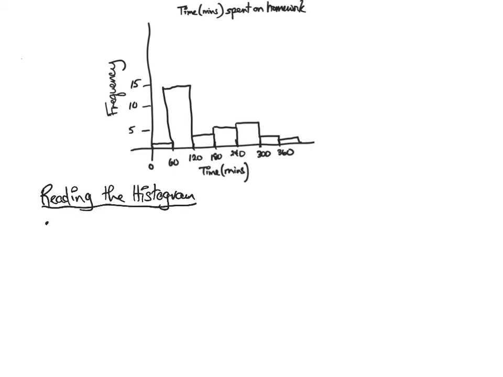You could be asked, how many students were surveyed? So if this is the case, you have to read each bar in your graph to see how high it is, what was the frequency, and then add them all together.